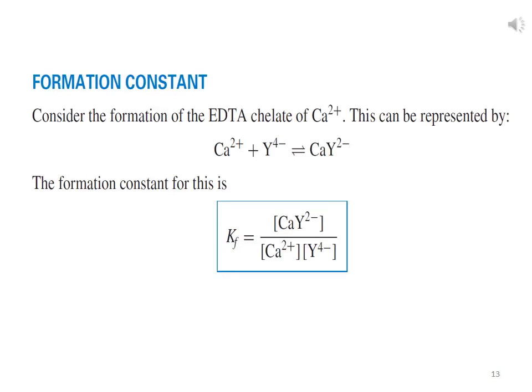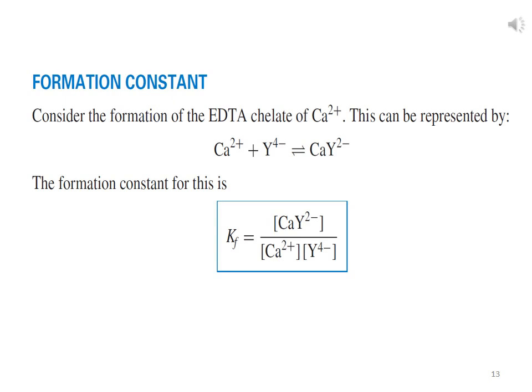The formation constant for the EDTA and calcium chelate complex can be represented by an equation. It is similar to what we discussed in previous slides. Here we consider the formation of the EDTA chelate of calcium 2 positive ion. Calcium 2 positive ion will react with Y4 negative, and they will form the CaY2 negative complex.